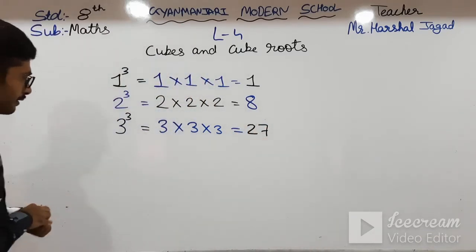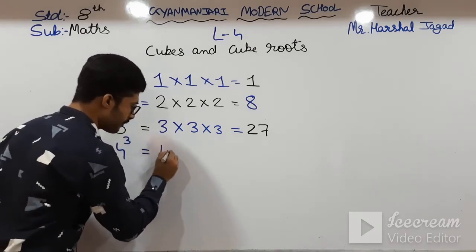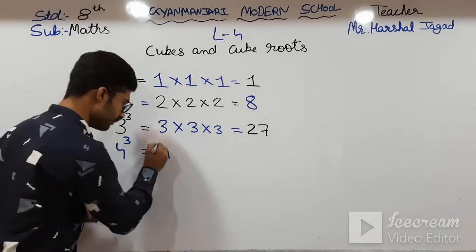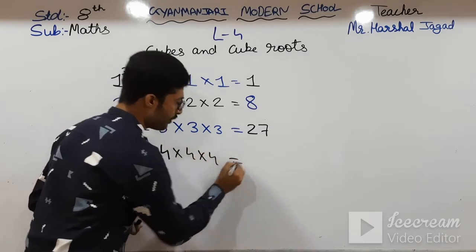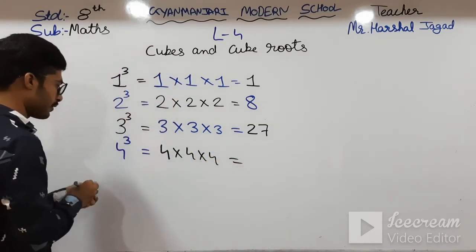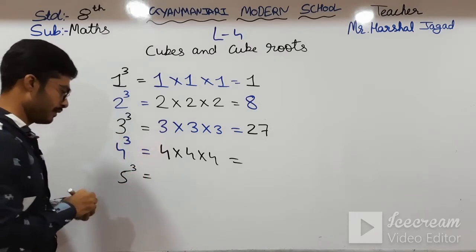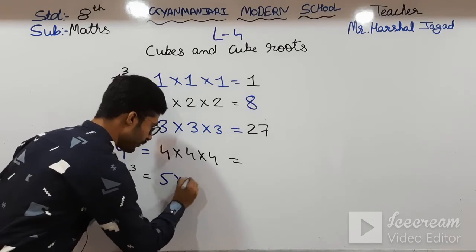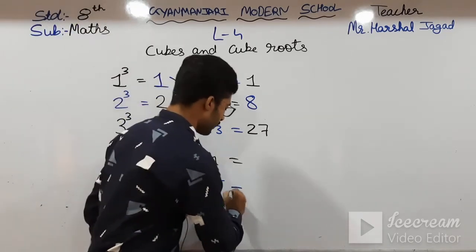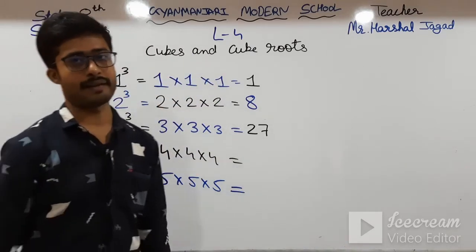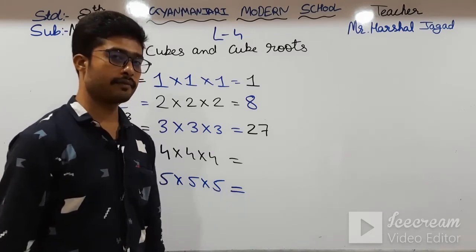Now turn comes of 4 raised to 3, that is 4 into 4 into 4, and now it comes of 5 cube, that is 5 into 5 into 5. So what will be the cube of 4? Write by yourself. And what will be the cube of 5? Write by yourself.